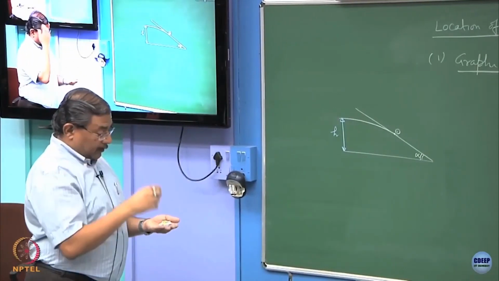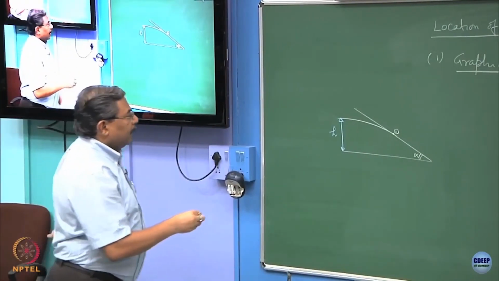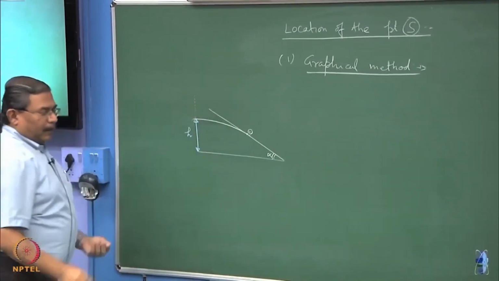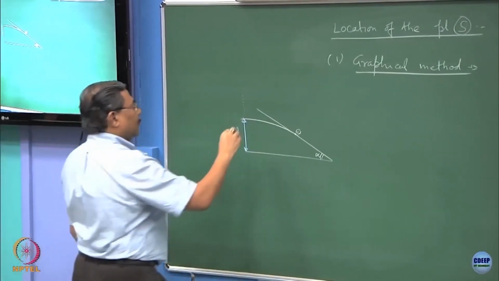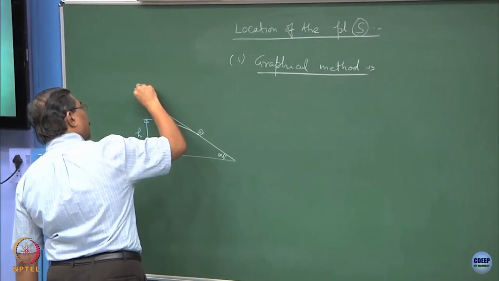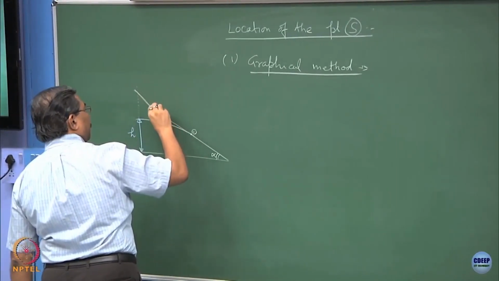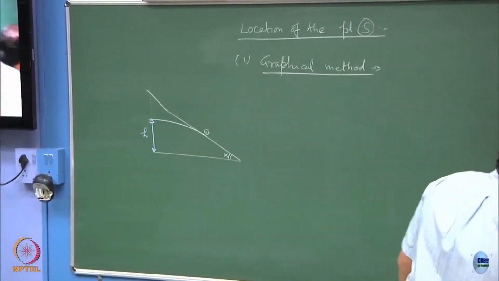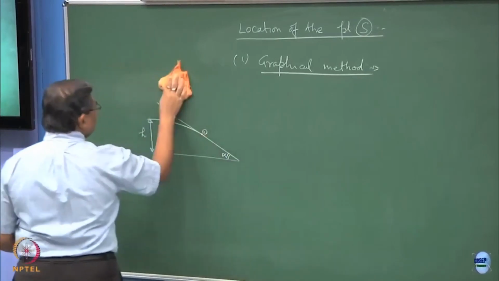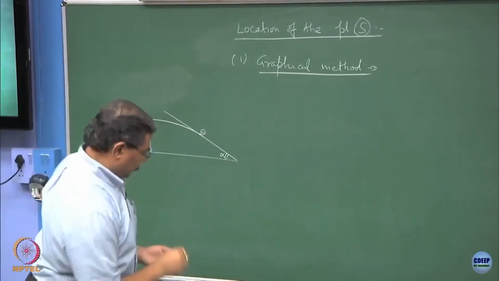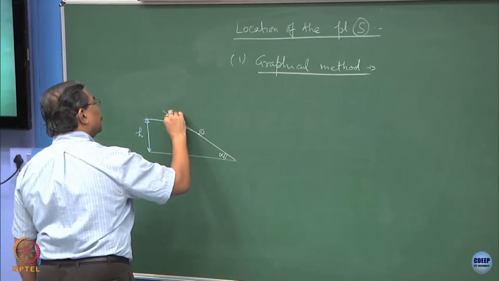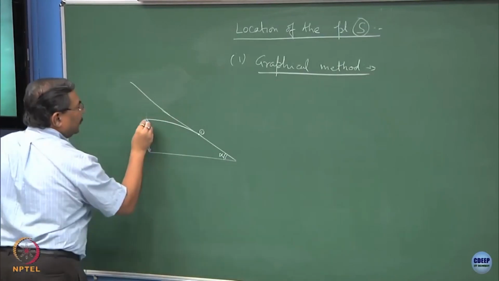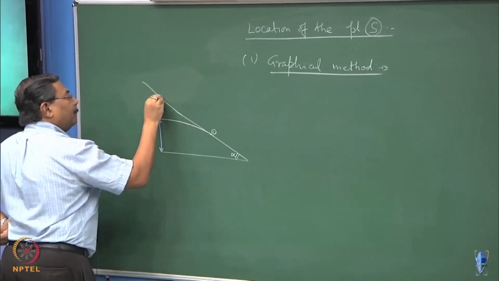The first step is to extend this in the vertical direction and let it cut the downstream slope. So, extend this line vertically up.